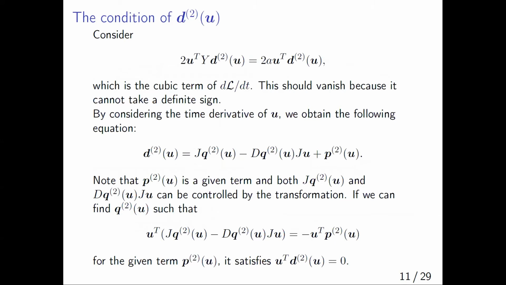Next, we consider the cubic term of the time derivative of calligraphy L. This should vanish because it cannot take a definite sign. By considering the time derivative of U, we obtain this equation.